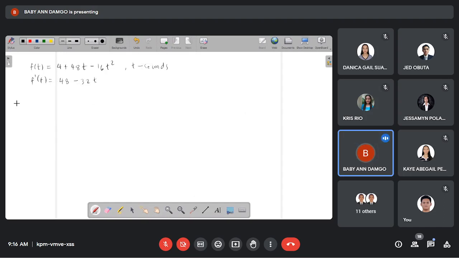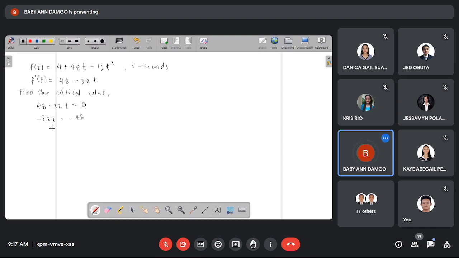Okay, next we need to find the critical value. So we have 48 minus 32t is equal to 0. So this is negative 32t is equal to negative 48.